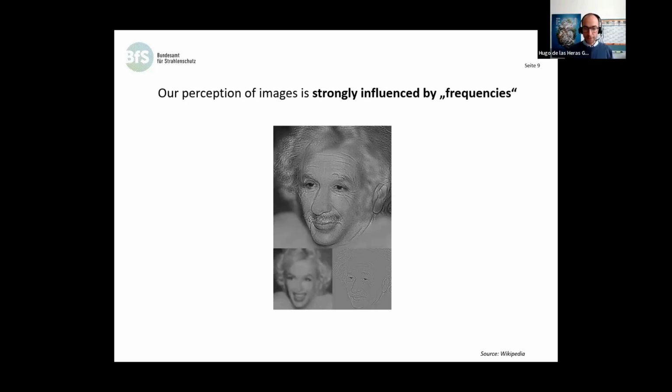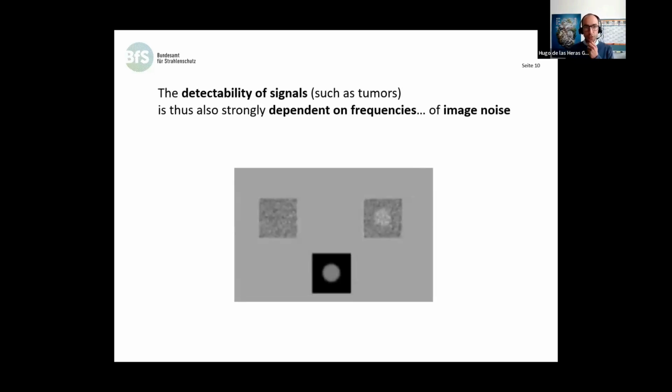In this image, we have the high frequencies representing Einstein, and the low frequencies are representing Marilyn Monroe. So depending on how you're looking at the image, you will see one part or the other. And this is also affecting the detectability of signals, such as tumors, in diagnostic radiology.